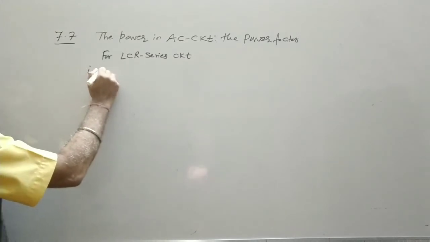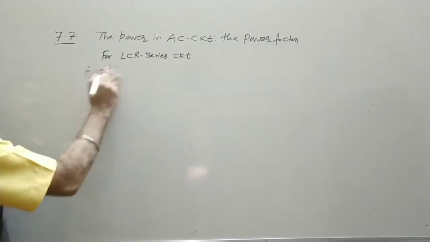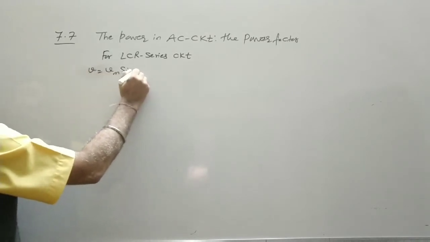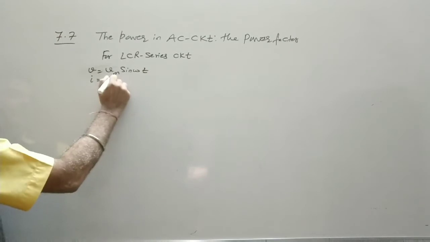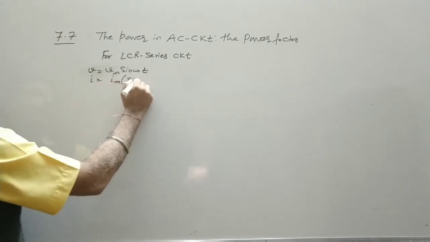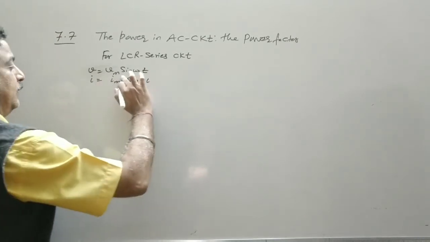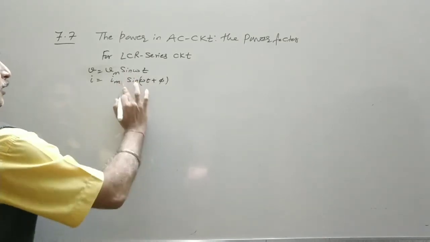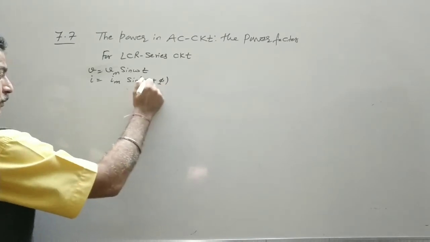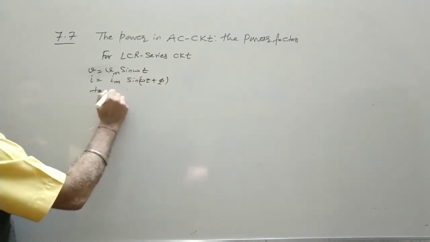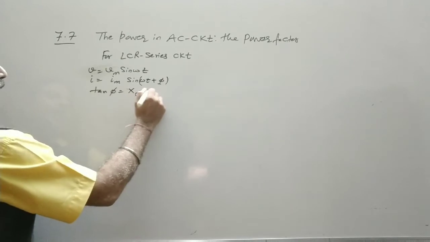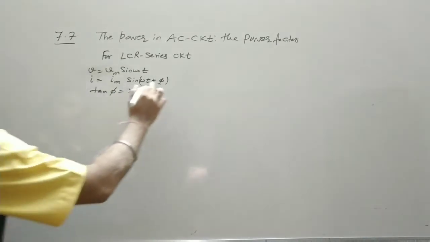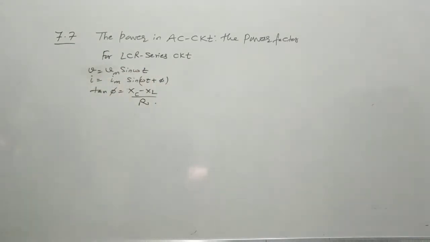We write all the formulas. V is equal to Vm sine omega t, then I was equal to Im sine of omega t plus phi, where we assume that the current is leading, and tan phi was equal to Xc minus XL upon R, where phi was the phase difference between the current and the voltage.